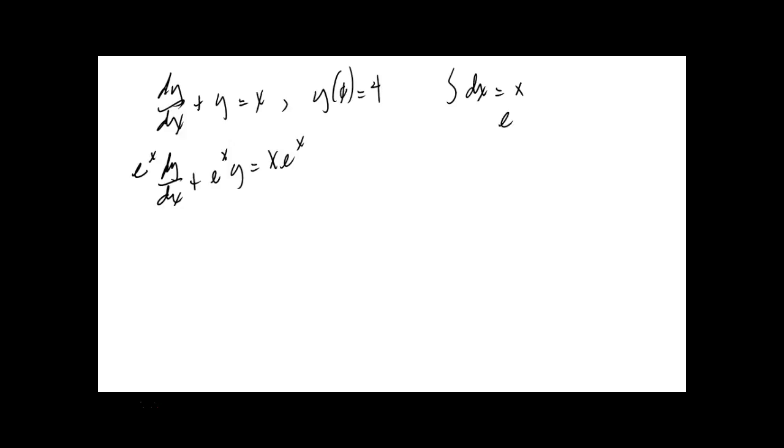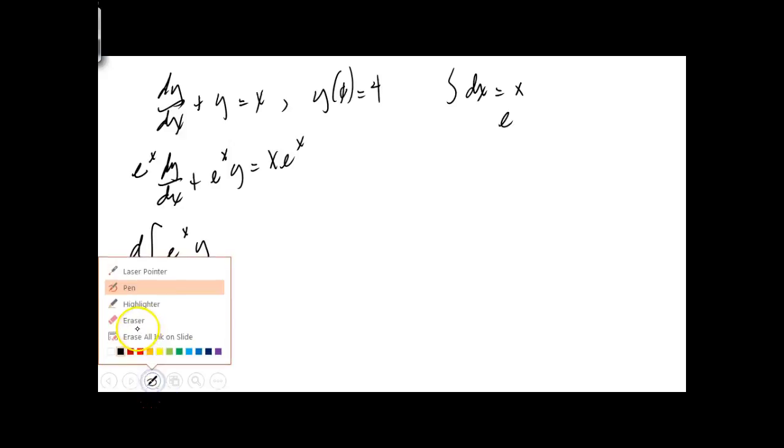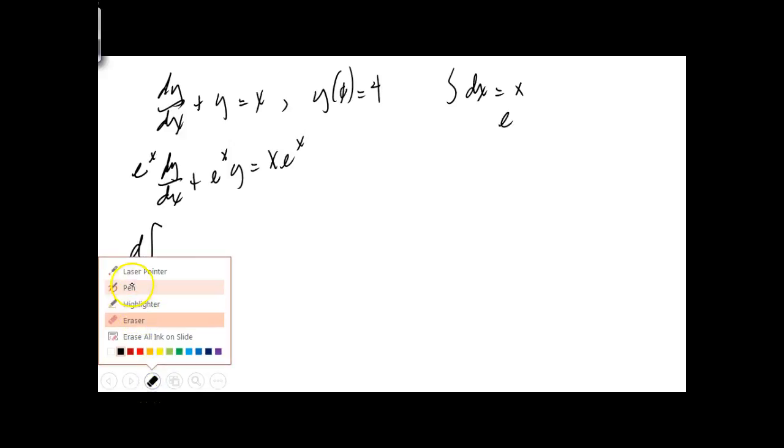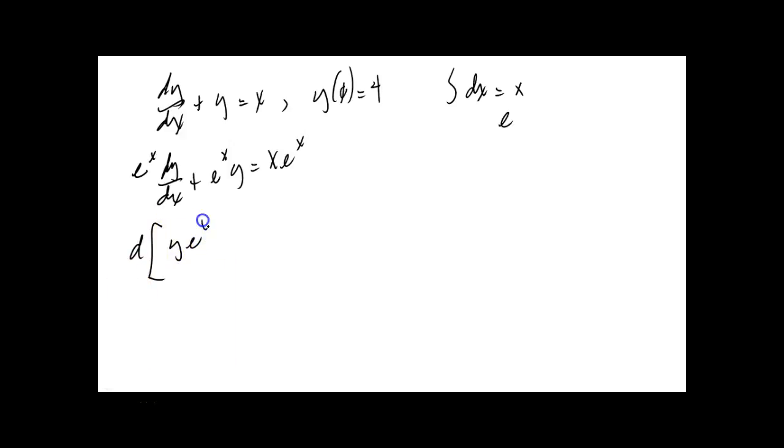What does this left-hand side become? D of y e to the x. I like it better written y e to the x, so let's change that around. And you're just going to integrate the other side too.